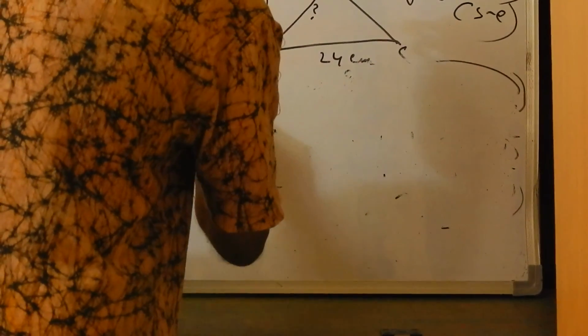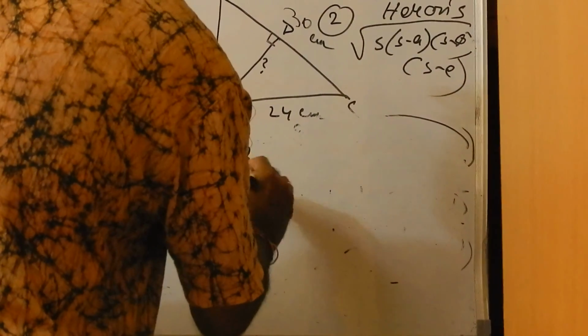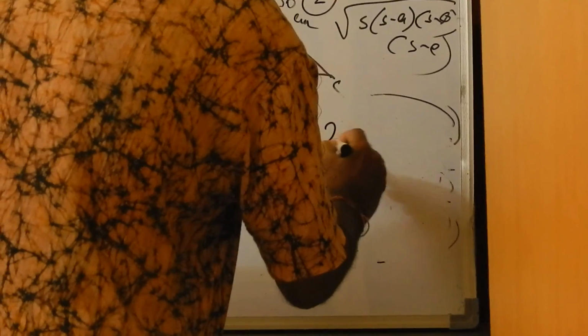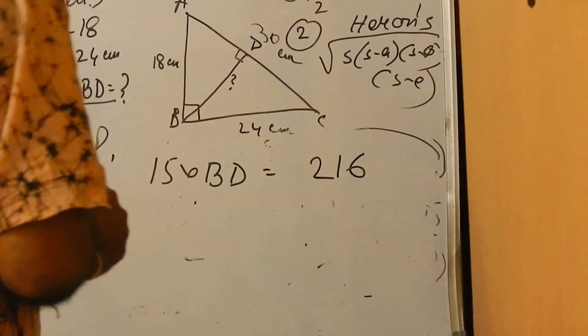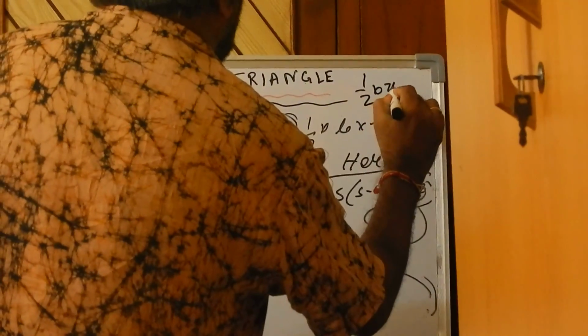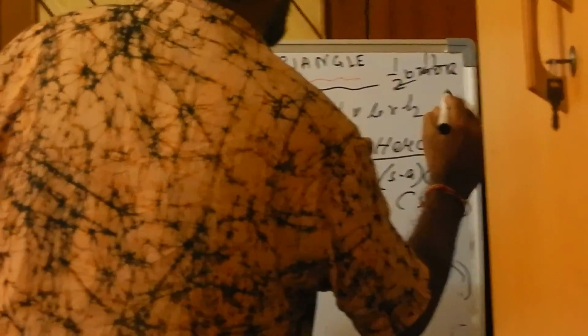So 15 BD equal to, by the problem, 15 into BD equal to 216, what we derived, half into 24 into 18, 12 into 18, 216.